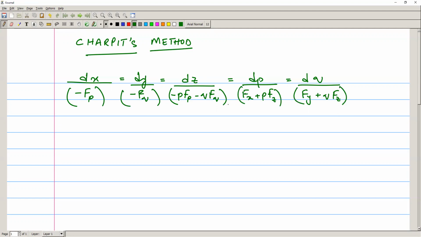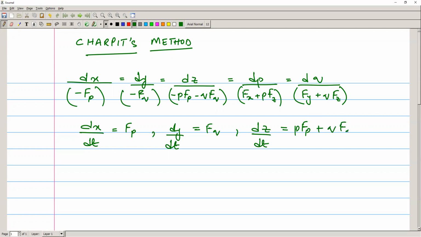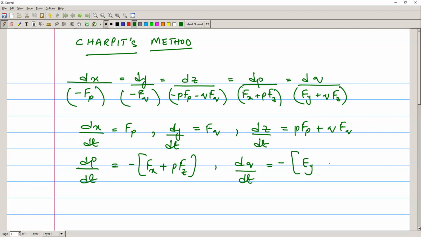this and this. If you remember, we use these in the Cauchy characteristic method for nonlinear partial differential equations, where we said that dx over dt is equal to fp, dy over dt is equal to fq, dz over dt is equal to p times fp plus q times fq, and then dp over dt is equal to negative fx plus pfz, then dq over dt is equal to negative fy plus qfz.